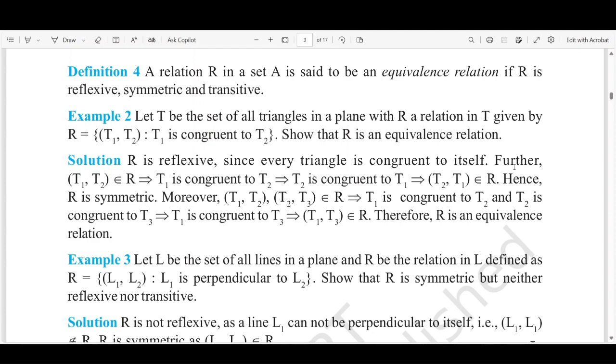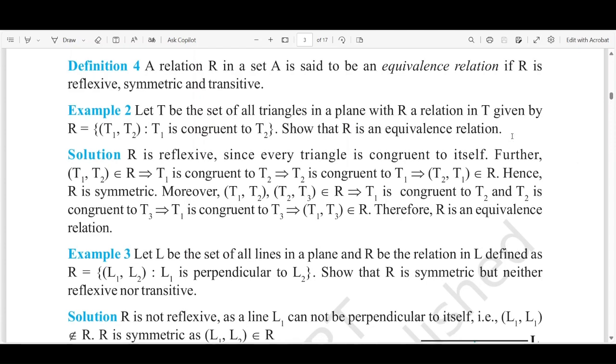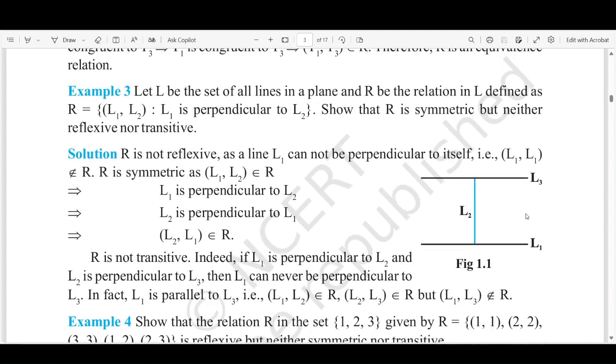Example 3. Let L be the set of all lines in a plane and R be the relation in L defined as R equal to the set of all ordered pairs L1, L2 such that L1 is perpendicular to L2. Show that R is symmetric but neither reflexive nor transitive.